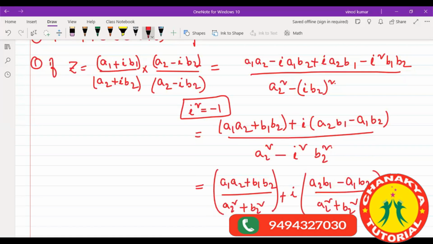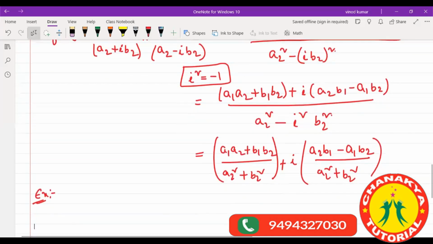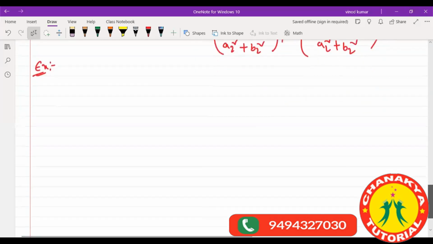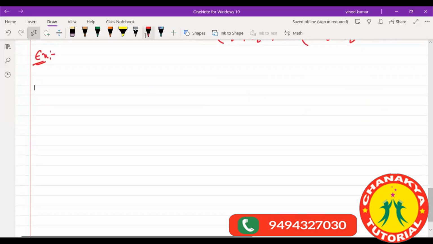So the rationalization of a complex number is also a complex number. Let us see an example: 5 plus 6i divided by 2 minus 3i.